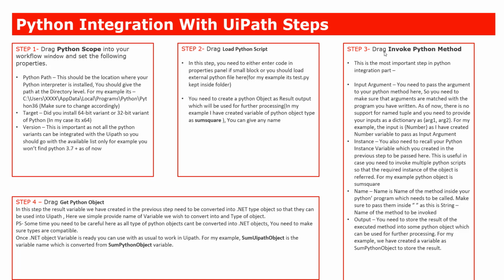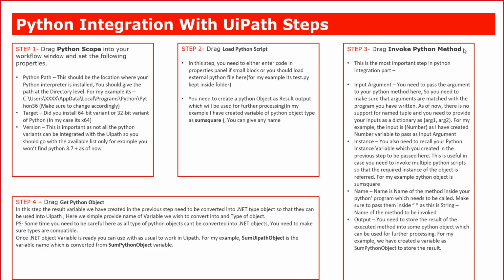In step number 3, what we need to do is invoke the Python method. Remember, I need to explain a couple of things here. This is the most important step of the Python integration. You need to take care of the input argument, the instance of a Python variable, and the name of the method which is written inside a program, and then you need to store the output of the Python execution.